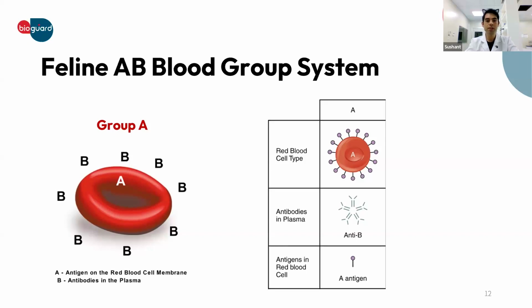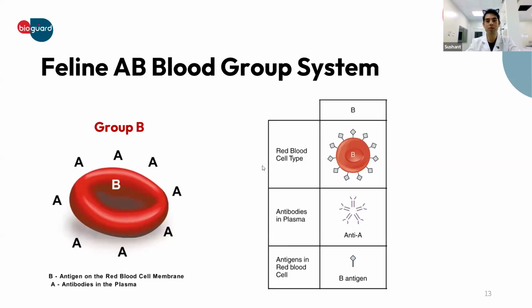For example, blood group B means that the red blood cell types will be B, in a way that they have antigen B on their surface. However, in the plasma, they will have antibody, which is anti-A.